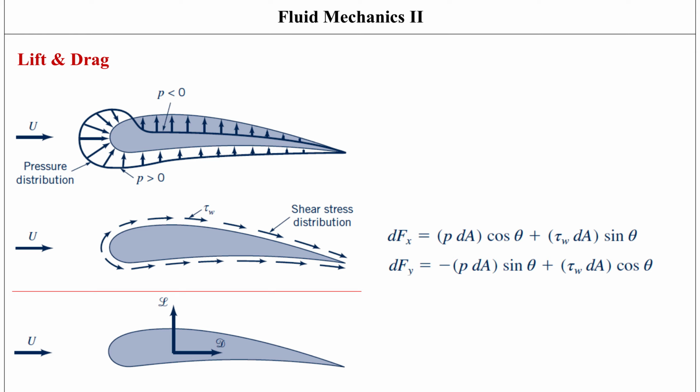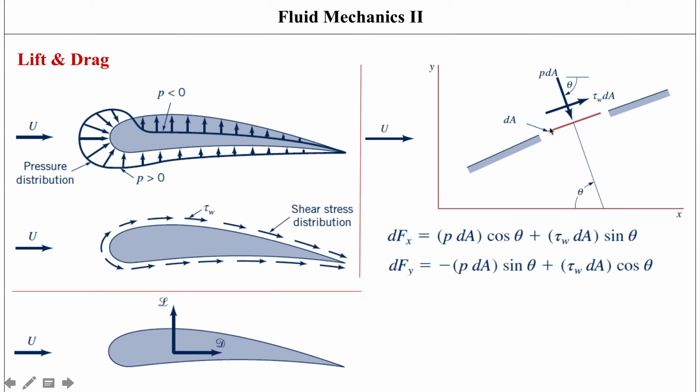And now if I was to look at this same body in this figure, where this indicates the body, or actually this indicates a small area element on that body, so we're talking about dA here, a small area element.